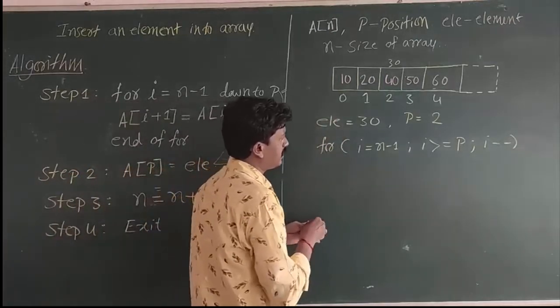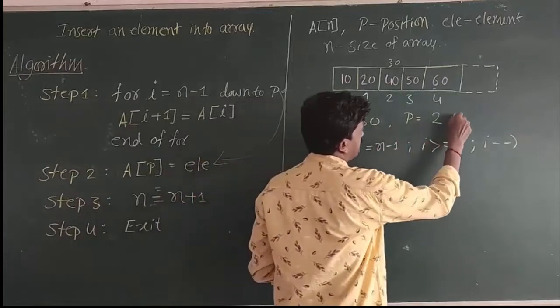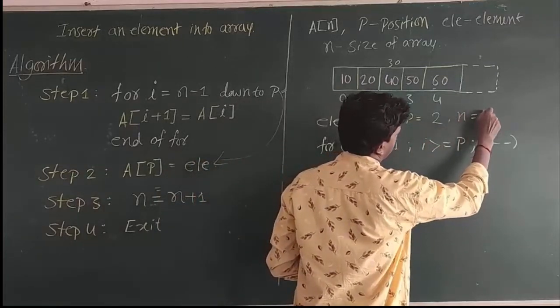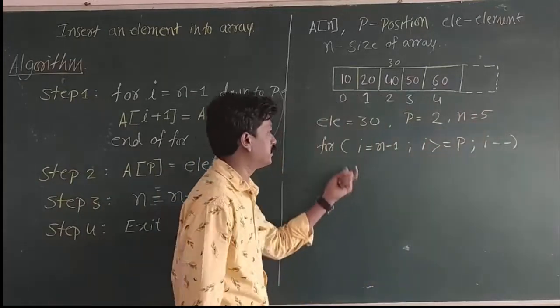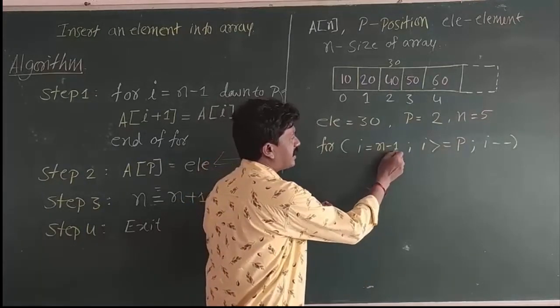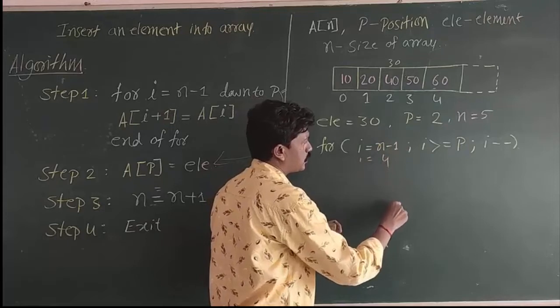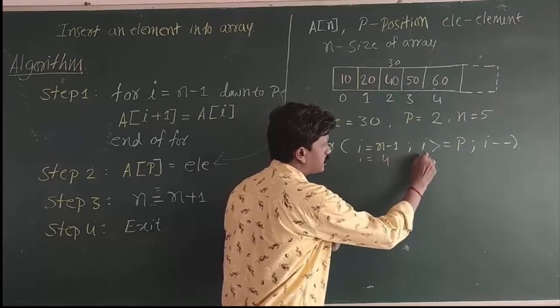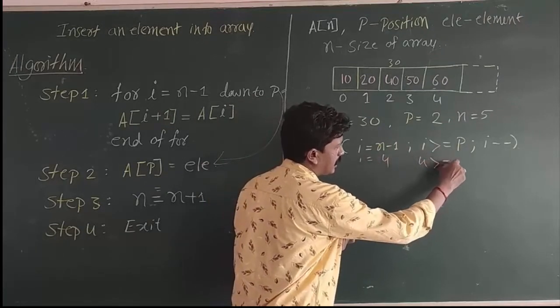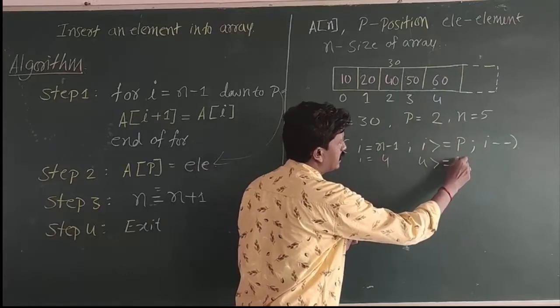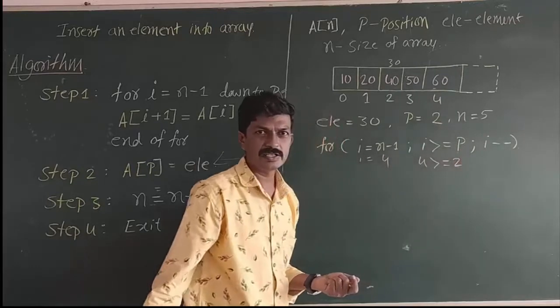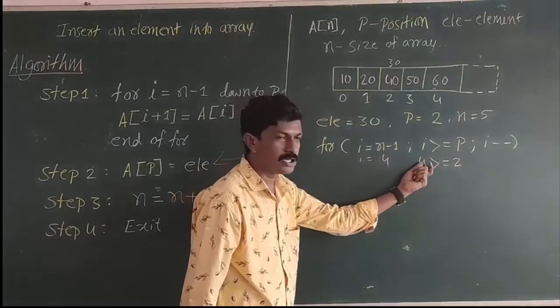In this example, n is 5. For i equal to n minus 1, n minus 1 is 4. The i value is 4, and 4 is greater than or equal to p, p is 2, so the condition becomes true.